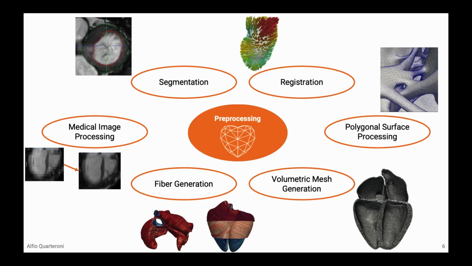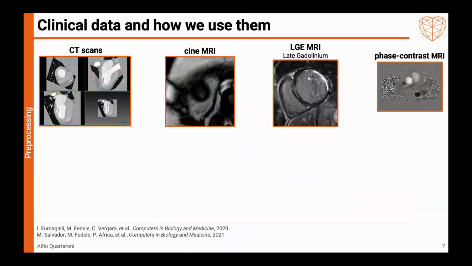But just to give you an idea, the data come from clinical images, and we have to go through segmentation, registration, generating surface meshes, volumetric meshes, generating the fibers, and being prepared to then feed this data to the mathematical models.